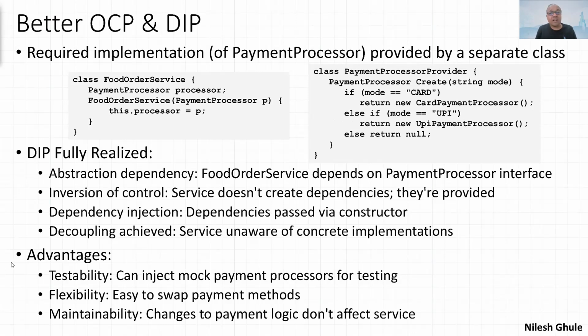That job is handled by the external provider class. As for dependency injection, whatever payment processor is created is attached to the food order service using the constructor. And then we have our food order service decoupled from the actual payment processor implementation. This brings a lot of advantages.